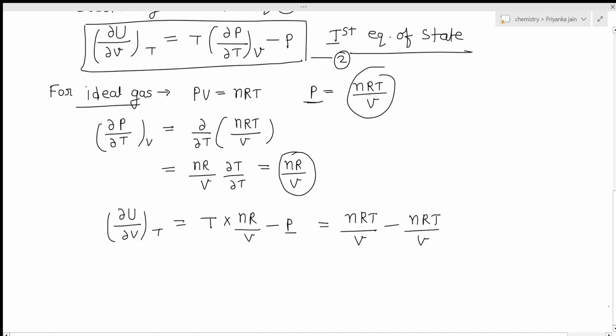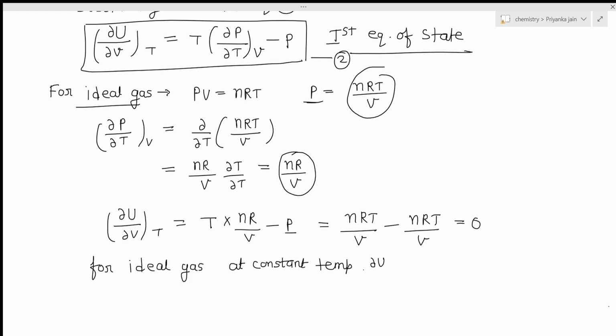So what are we getting? This will be equal to 0. It means for an ideal gas at constant temperature, the change of internal energy with respect to volume is equal to 0. Okay. This is one thing.